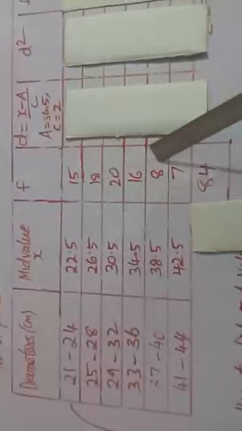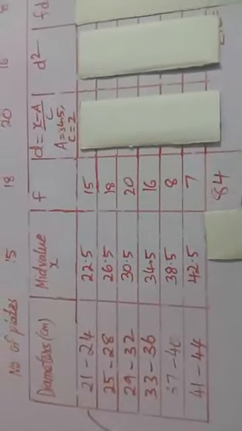Likewise 29 minus 0.5, 32 plus 0.5 by 2, I will be getting 30.5. The steps should be followed for all the remaining numbers in the same method. Next you add this F value. Once you add, you will be getting 84.